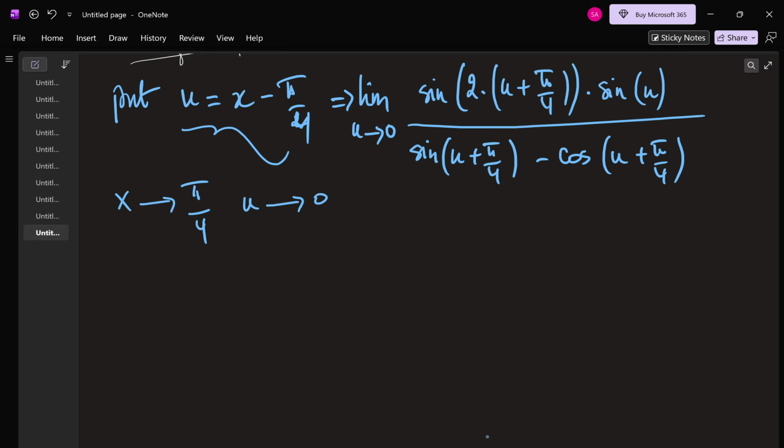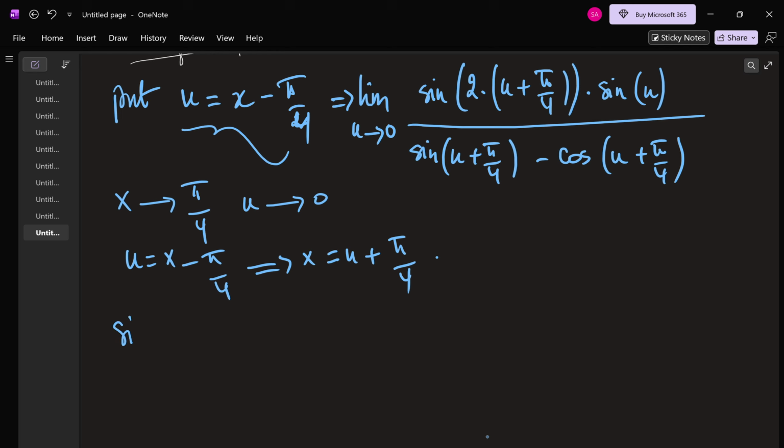And also, since u is equal to x minus pi over 4, this implies that x is equal to u plus pi over 4. Now we have some calculations.